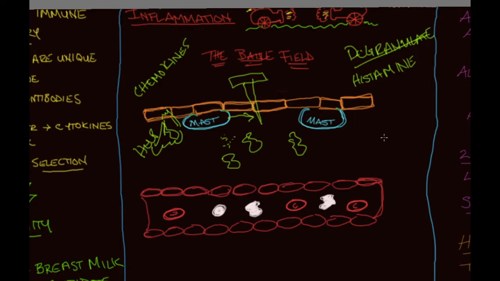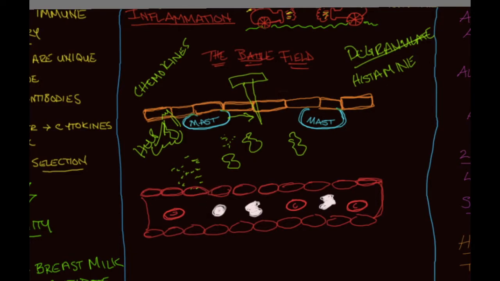So these pro-inflammatory mediators go to the endothelial cells of the capillaries. So they're going to come down here, all these little chemokines, cytokines, interleukins, things like that. They're going to come down here to the endothelial cells of the capillaries and tell them to separate and vasodilate. Okay?